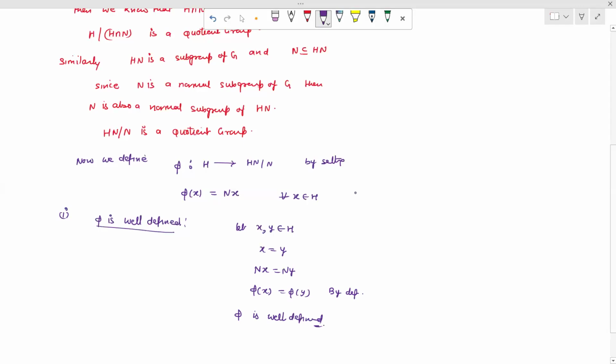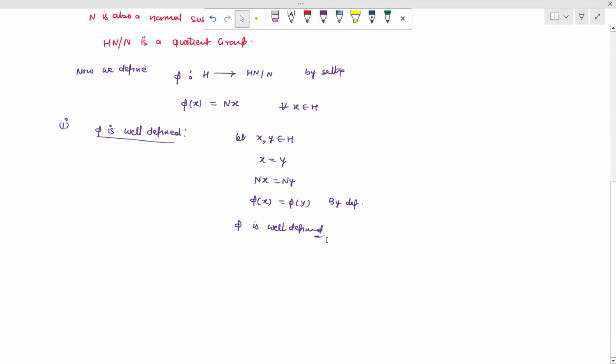Now next we prove that the phi function is a homomorphism. So for proving homomorphism, we take again two elements. Let x and y be two elements of H. So phi of xy equals Nxy, by using the definition, because we have defined phi of x equal to Nx.